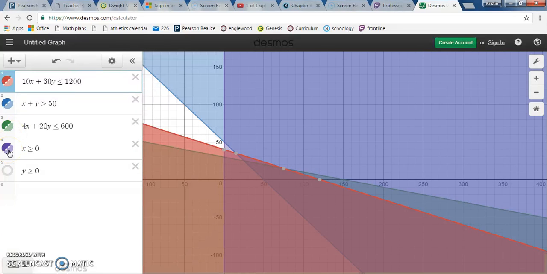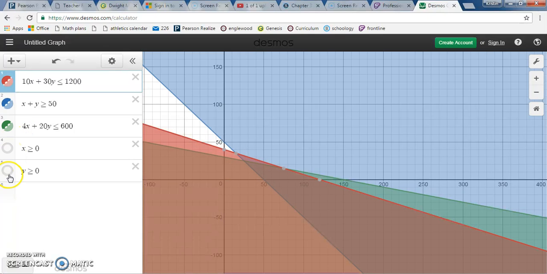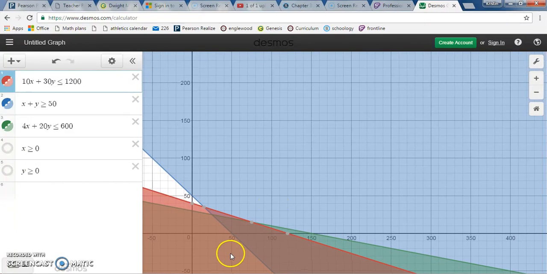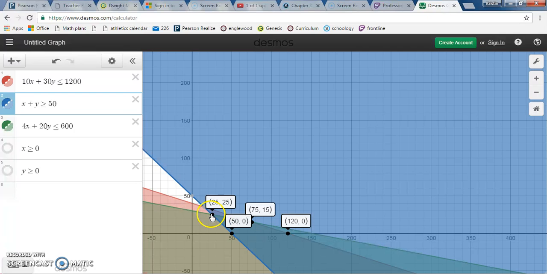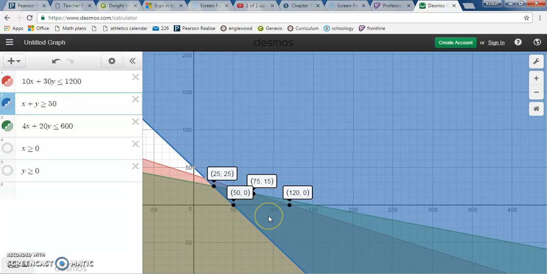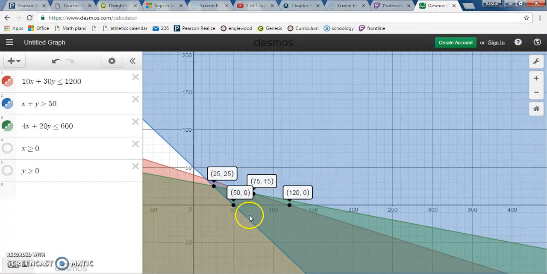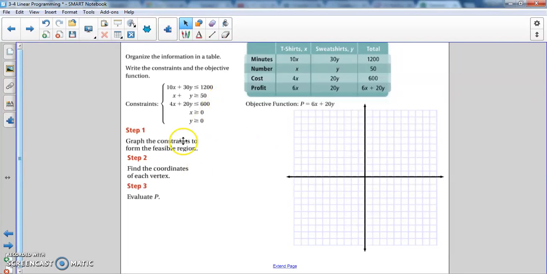Then I know that the amount of t-shirts needs to be greater than 0 and the amount of sweatshirts needs to be greater than 0. So instead of having this whole x is greater than 0 and y is greater than 0, I'm going to take those out because we just know that it has to be in the first quadrant. So we need to find our vertices, which are labeled here, to then find what will maximize our profit.